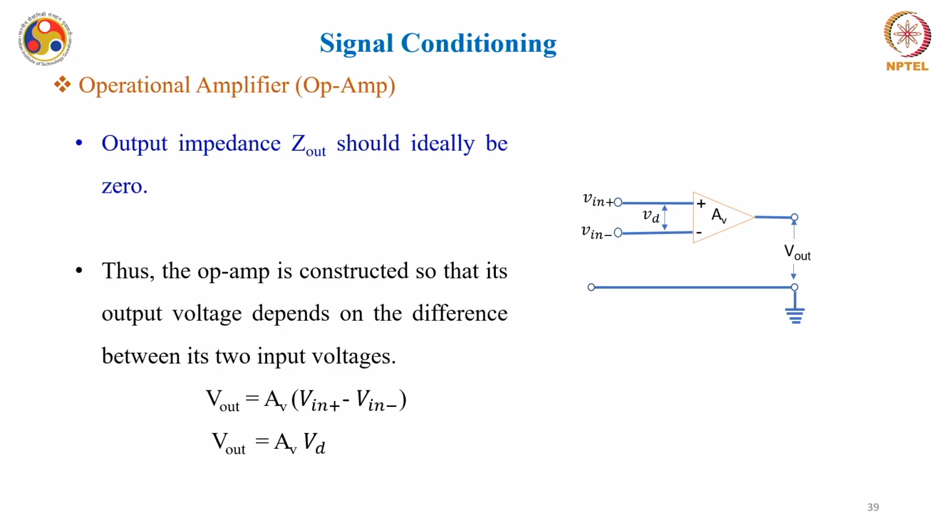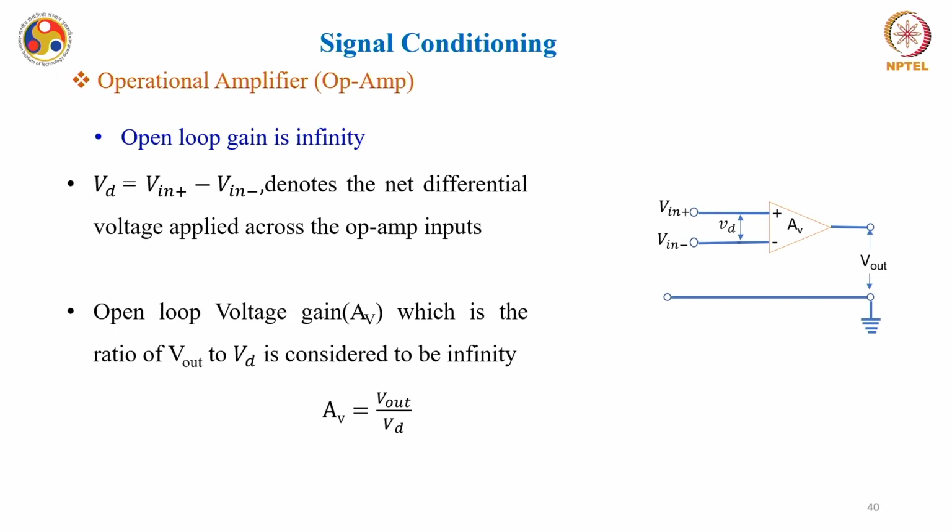The op-amp is constructed so that its output voltage depends on the difference between the two input terminals. So V out is actually AV times V in plus minus V in minus, and I am calling this difference VD. So V out is equal to AV times VD. The third characteristic of this operational amplifier model is that the open loop gain is infinity.